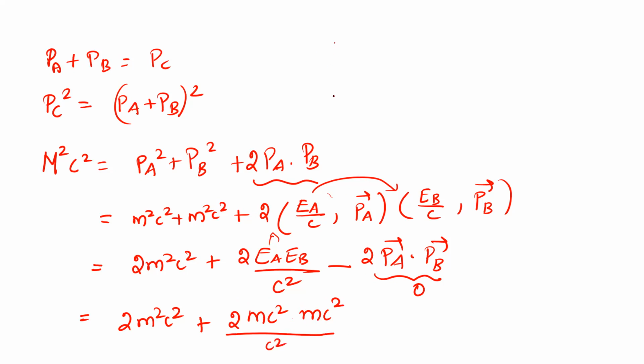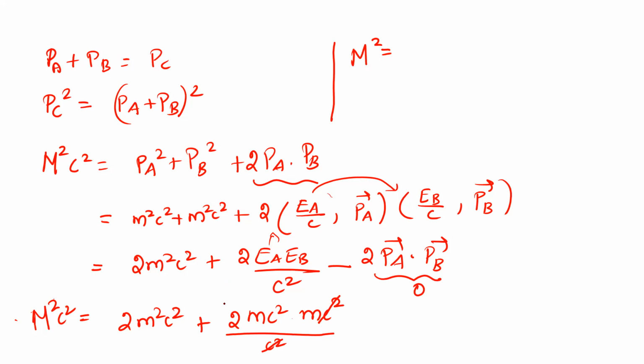Okay. Now, if you just solve this, you'll get M square C square. And now if you just solve for M square, I think one of these we can cancel, 2M square C square plus, oh, wait a second.